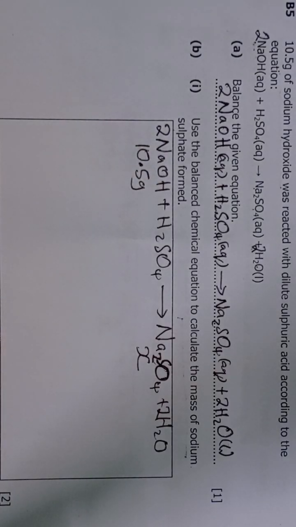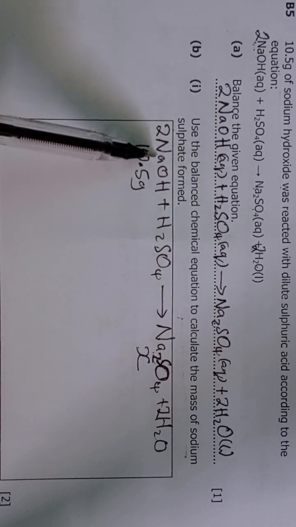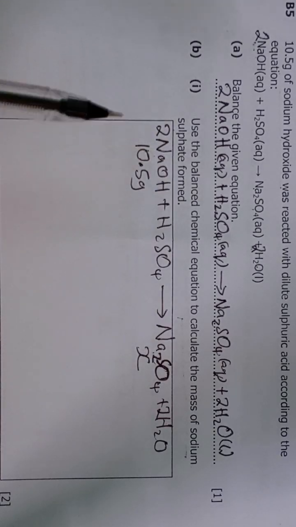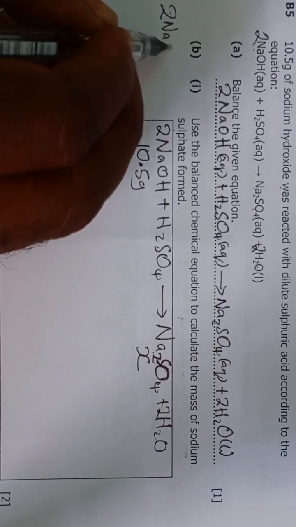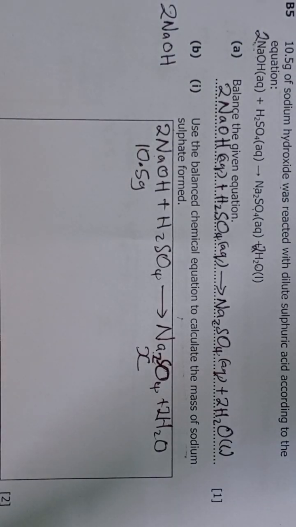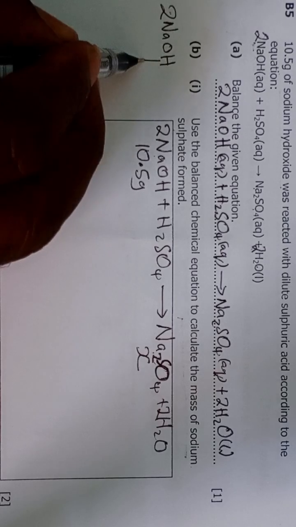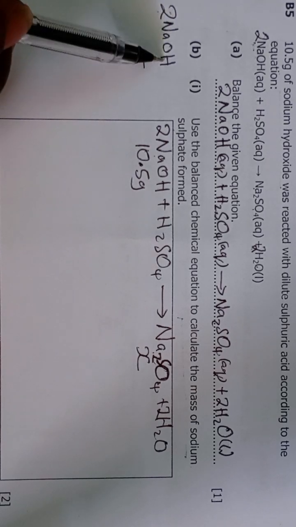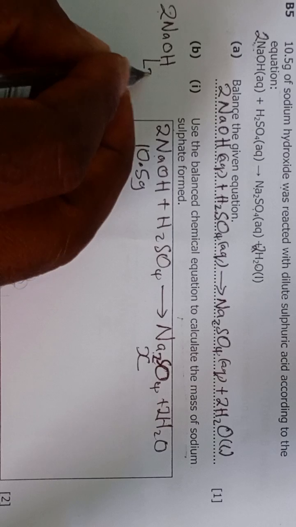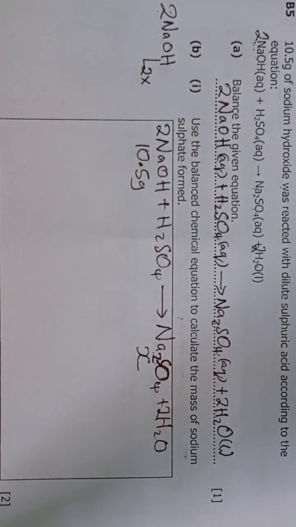So from there now, I'm going to calculate the total molar mass of the compounds concerned. The compounds concerned are sodium sulfate and sodium hydroxide. So let us calculate the total molar mass of sodium hydroxide. In this case, we are saying total molar mass, so inclusive of these two, we have 2 atoms of hydrogen times the mass of hydrogen.